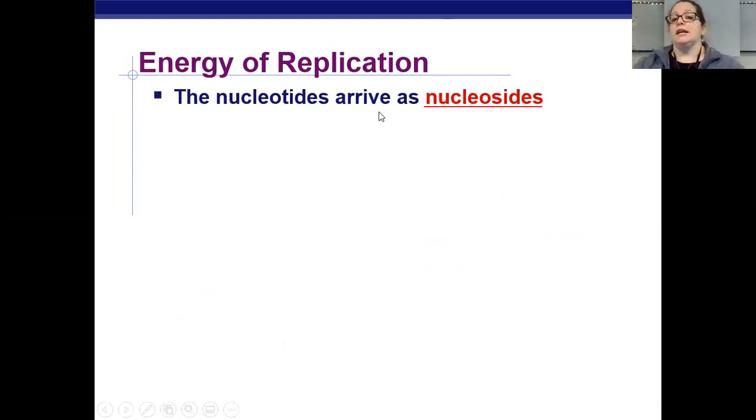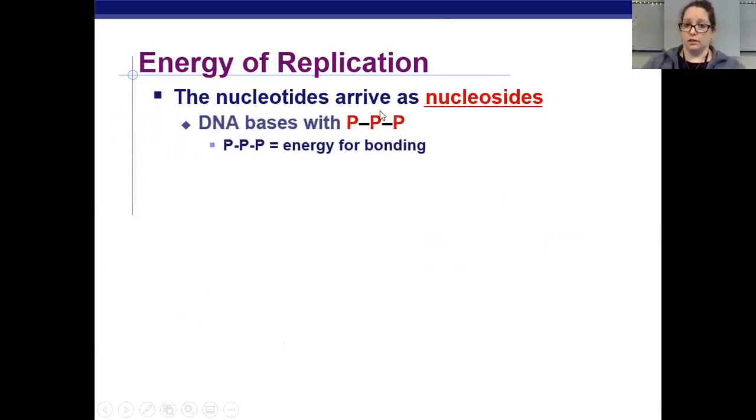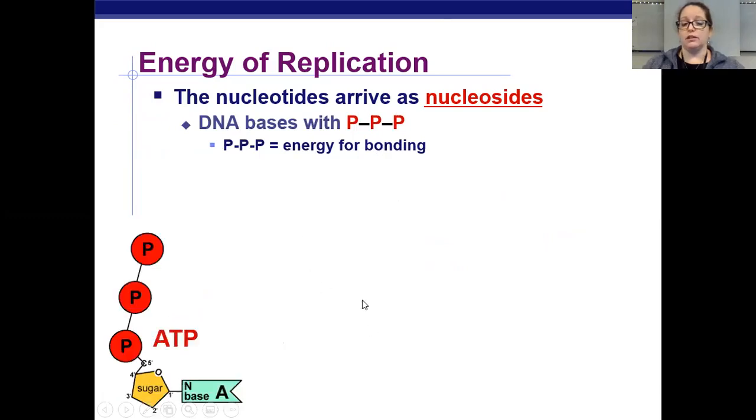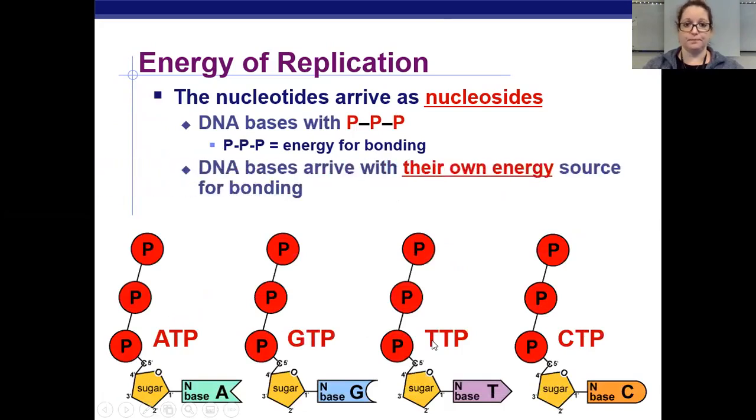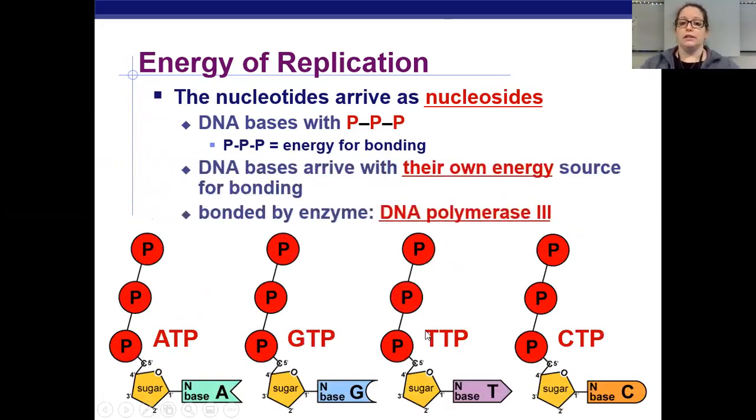So the nucleotides arrive as nucleosides with their 2 extra phosphates. We use the extra phosphates as energy for the binding. There they all are. And therefore they arrive with their own energy to bind into the phosphodiester covalent backbone of the sugar phosphate backbone of DNA.